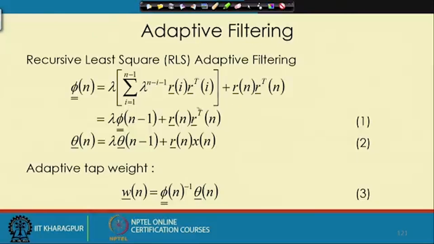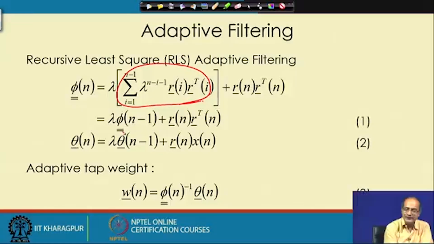If we take it out, we are left with this term multiplied by lambda, and this term is nothing but the previous value of phi, that is the matrix phi n minus 1. So we get that update equation of phi, where if we know the previous value, we just compute this part and take the multiplication with lambda, and we can update phi n.